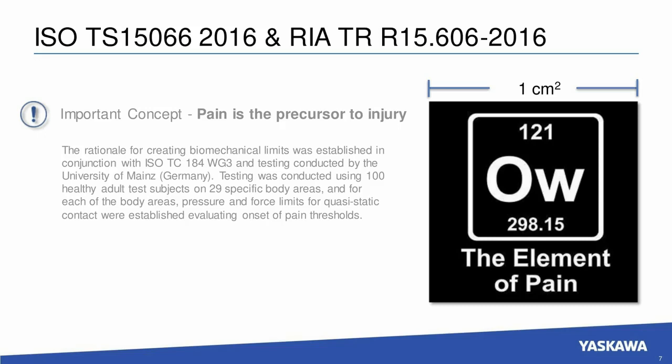So we had to establish in the specification a way to identify pain limits in order to know how to safely configure the robot. This information was provided by testing performed by the University of Mainz. So an important note here is that all resultant values were based on 1 centimeter square surface area. So a question that I'd like to throw out there, and we'll talk about it later in the presentation, is what happens if your surface area is less or more? And we'll get to that.